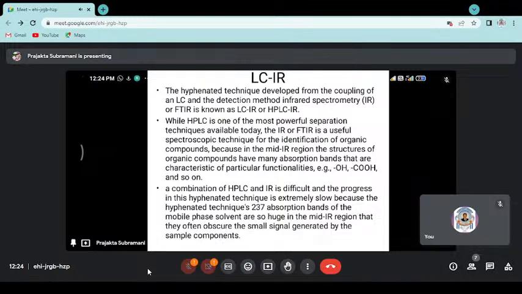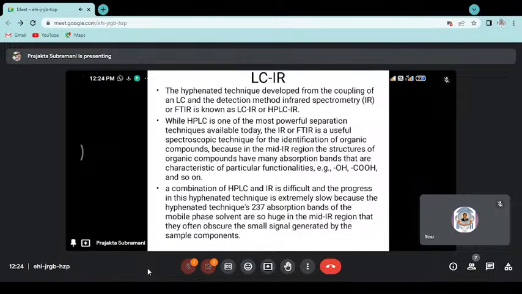Because in the mid-IR region, the structures of organic compounds have many absorption bands that are characteristic of particular functional groups like OH group and COOH group. The combination of HPLC and IR is difficult because of this mid-IR region.